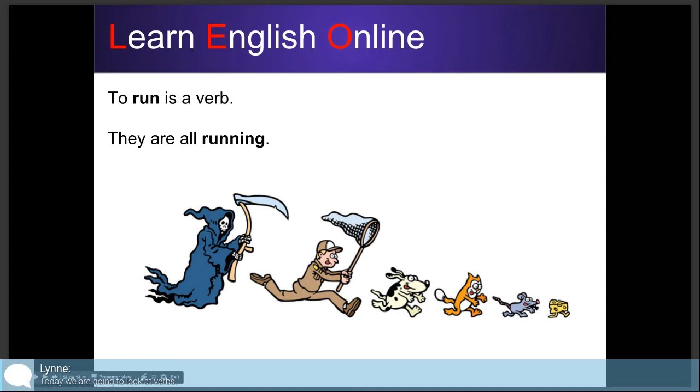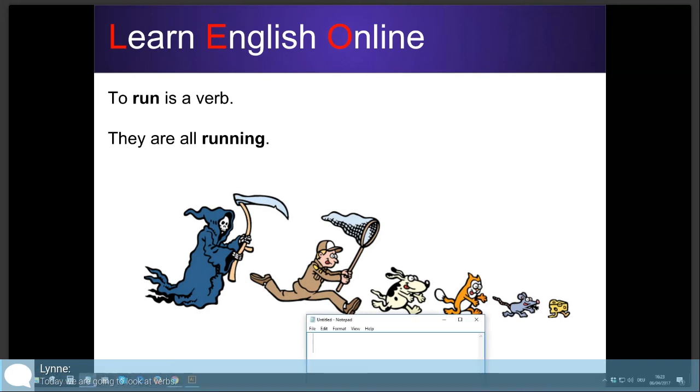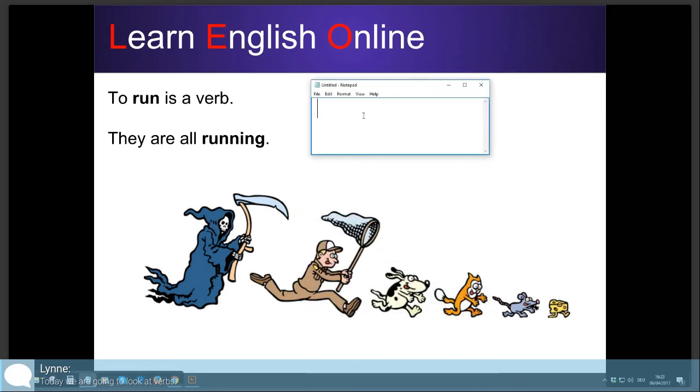Now, another verb. I'm sorry to tell you, but it's the verb we all run away from. We all run away from this verb. To die. Okay, to die is a verb. We're all dying.